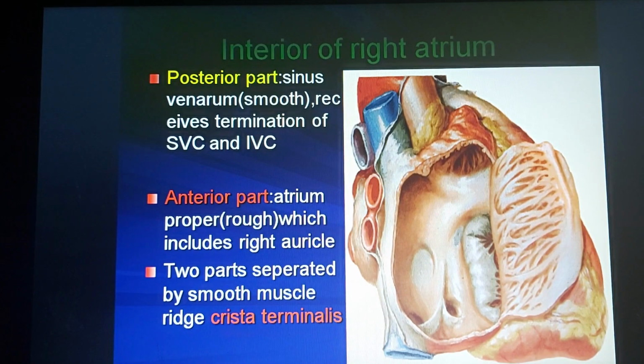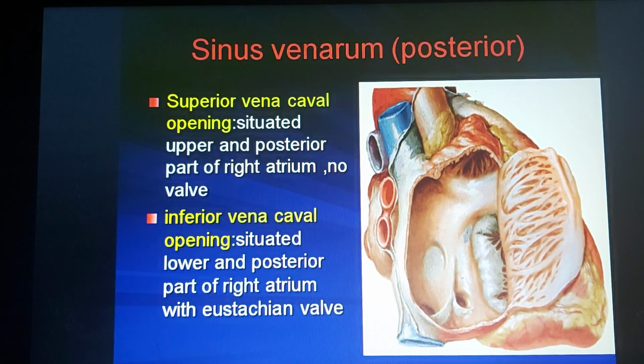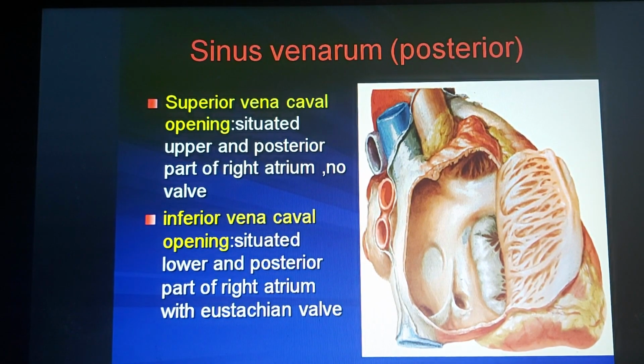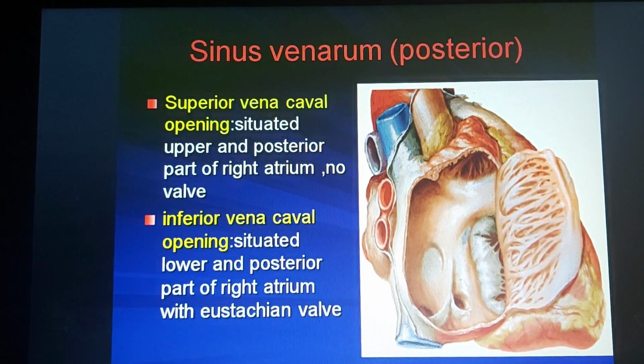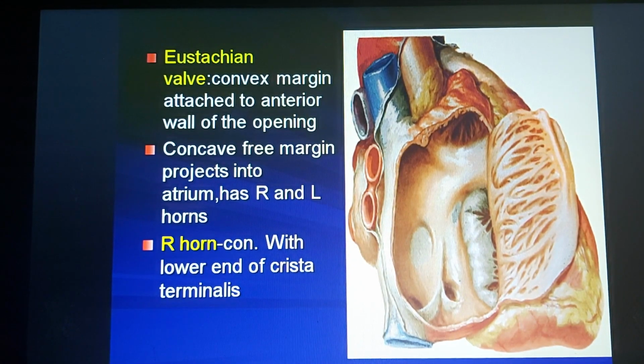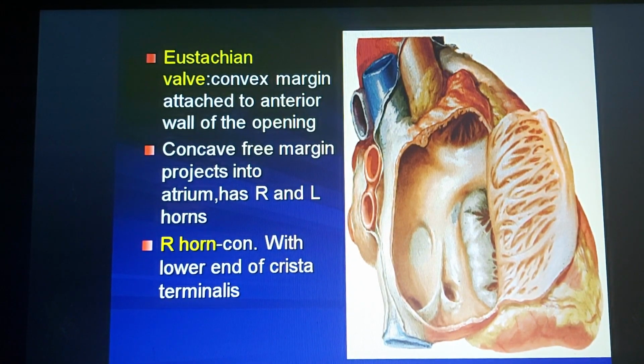Next, the sinus venarum, otherwise the posterior part, contains the superior vena caval opening and the inferior vena caval opening. The superior vena caval opening has no valve, but the inferior vena caval opening has the Eustachian valve. This Eustachian valve has 2 margins: one is a convex margin, the other is a concave margin.